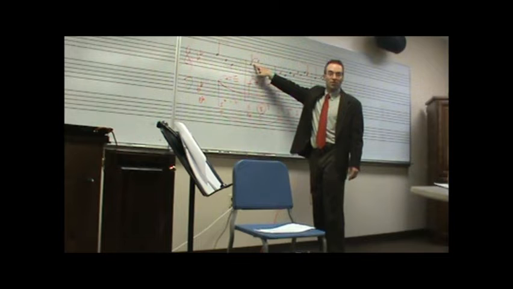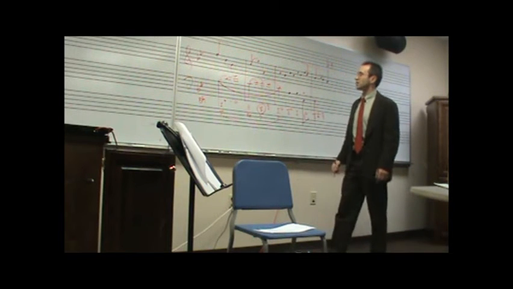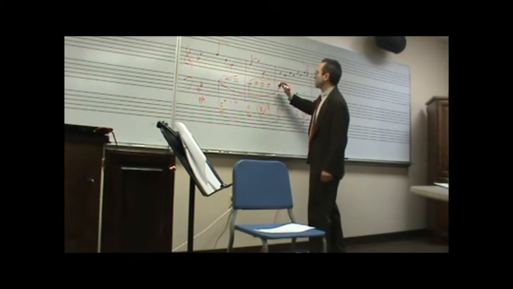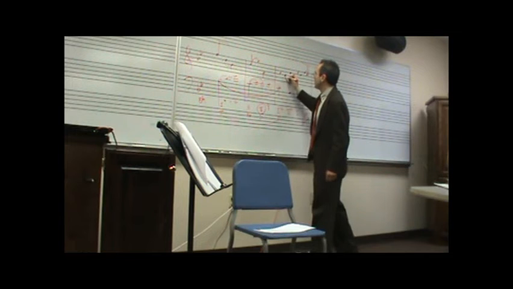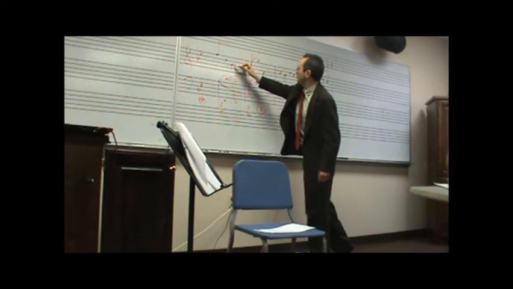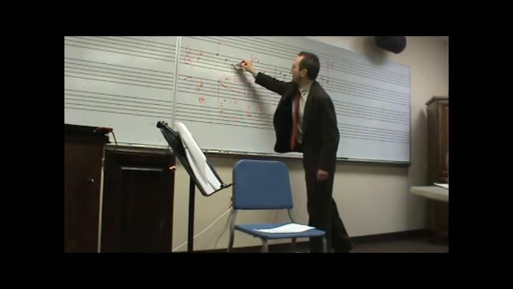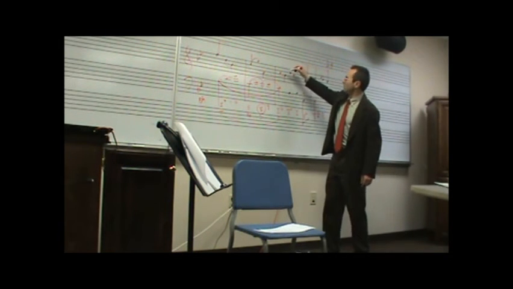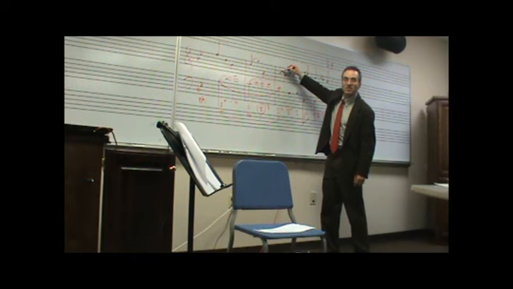See what I'm doing? I want to be able to trace any note back to something more stable. I think I would like to do inner voice implied here. So it goes 1, 7, 1, so I'll go like that to relate that line together. This, watch this. See how this embellishes?